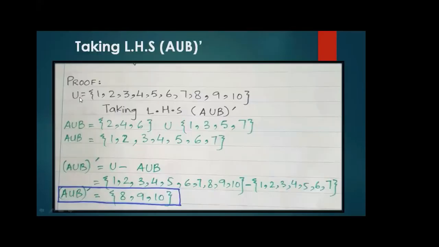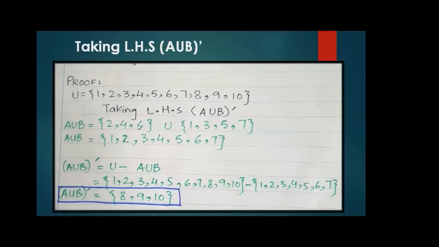First, unpack the universal set, convert set builder notation into tabular form, and it is 1, 2, 3, 4, 5, 6, 7, 8, 9, 10.